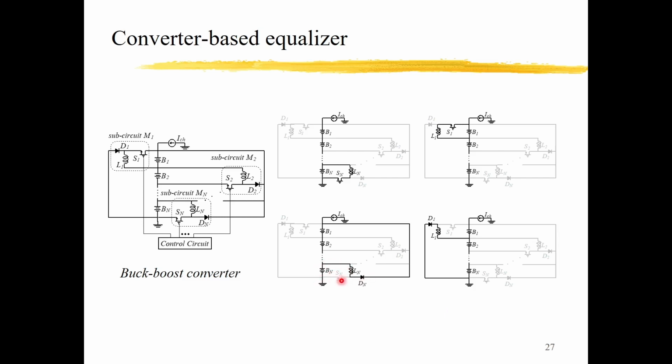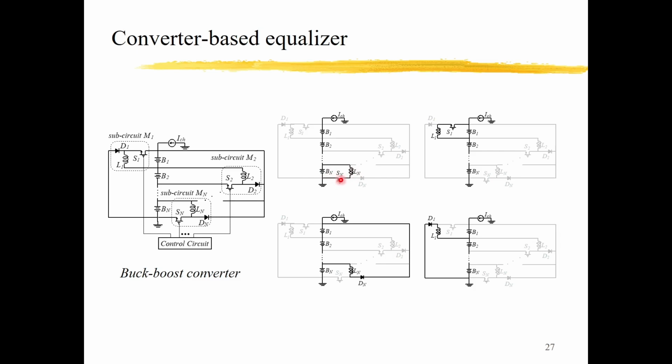Here we can see that if the battery here has the highest SOC, then we turn on the switch here. If we turn on the switch, the inductor will be charged, so there will be a current flowing clockwise here.